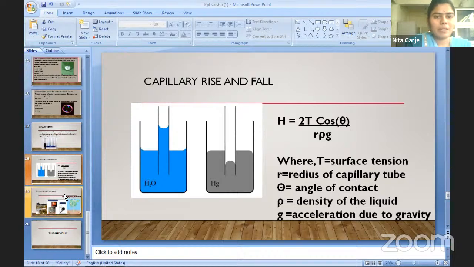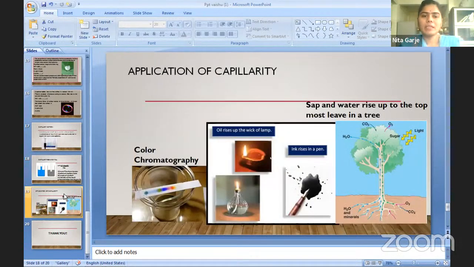Next one is the application of the capillary tube. We have seen a lot of applications of capillary action in nature. The first one is color chromatography, which we have seen in a chemistry lab. The second is oil rising in the wick of a lamp, and ink rising in a pen.